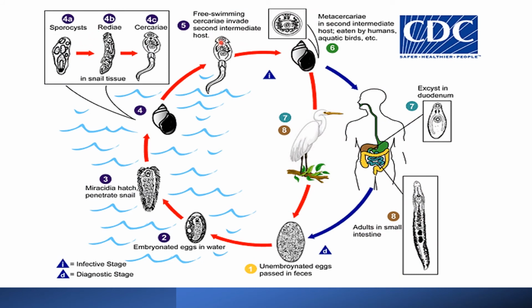For the life cycle, the adult worms attached to the mucosal wall of the small intestine lay their eggs, which are passed from the intestinal lumen in the feces. The miracidia take 1 to 2 weeks to mature in the environment before they hatch from the eggs and infect the first snail intermediate host.